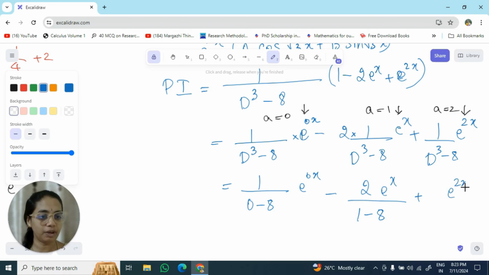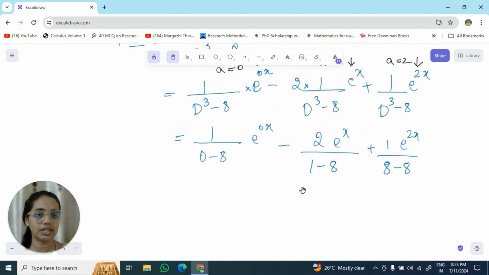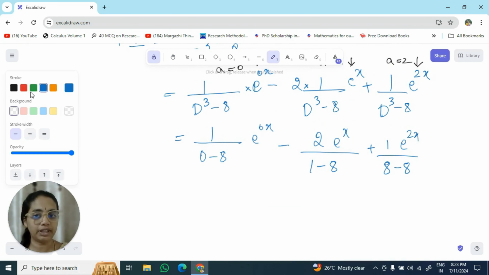But over here we have e^(2x) divided by 2 cubed, which is 8, so we have 8 minus 8, which is 0. Let me write down the first terms, then we'll deal with the last term. We have -1/8 e^(0x), which is 1 itself. Again we get a minus over here, so it becomes plus 2/7 e^x.